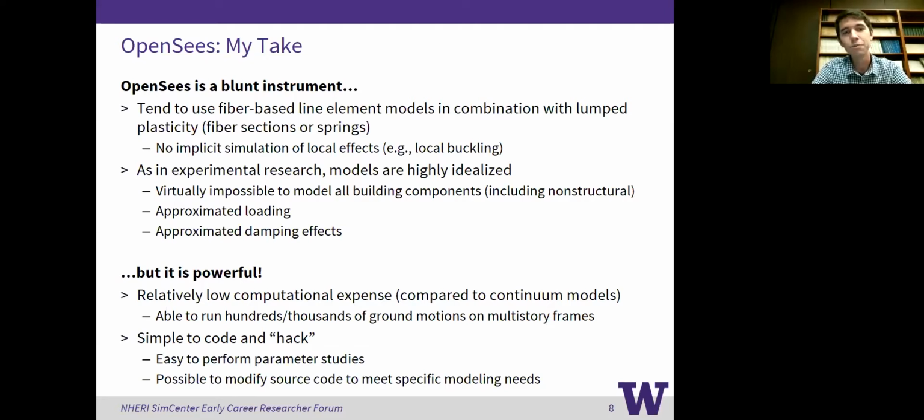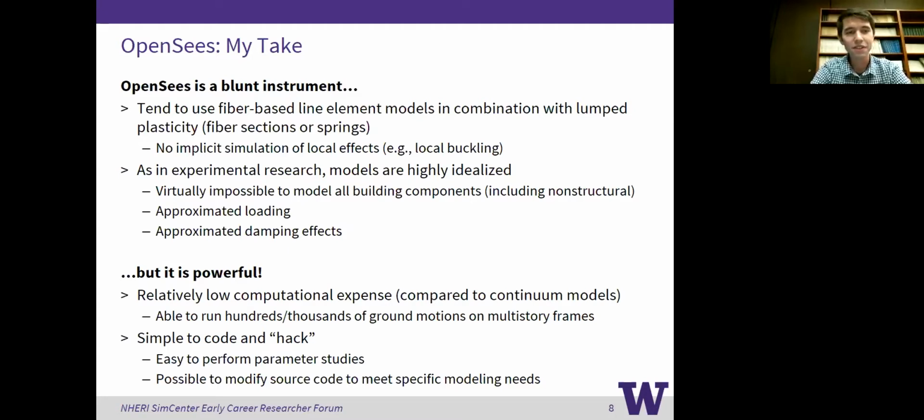So there's no implicit simulation of local effects. So for instance, in steel, we're not able to simulate the local buckling behavior implicitly. Maybe we can kind of fake it, so to speak, with the material model. But there's no implicit formulation in there that's handling local buckling of those line elements.